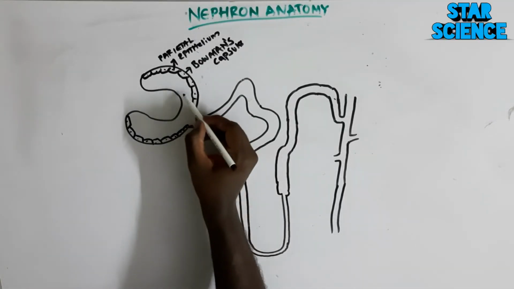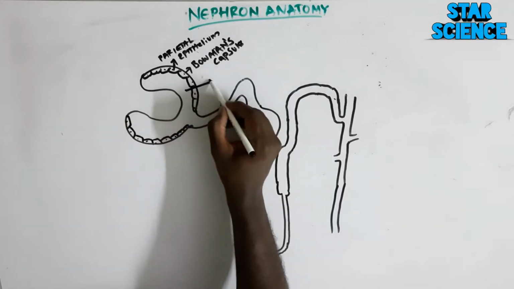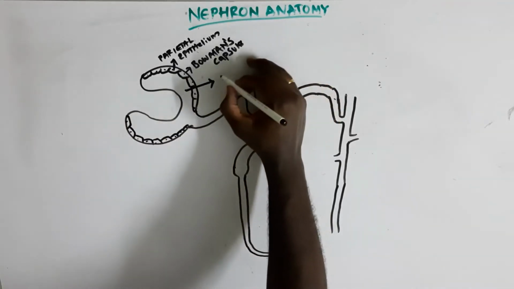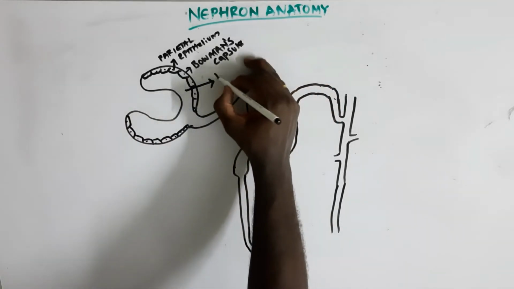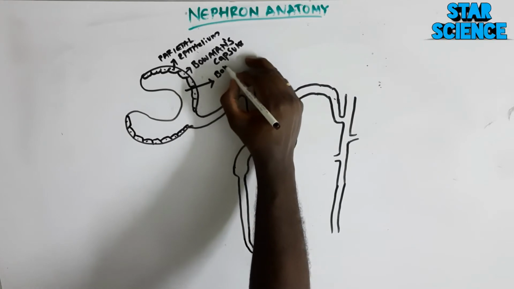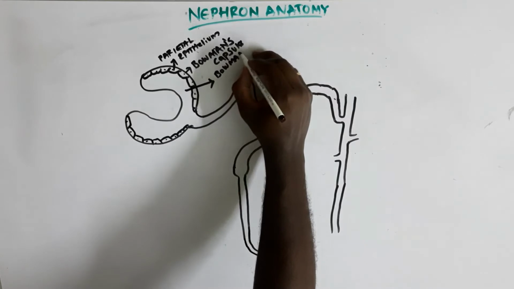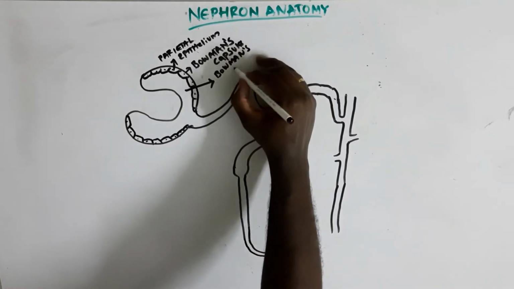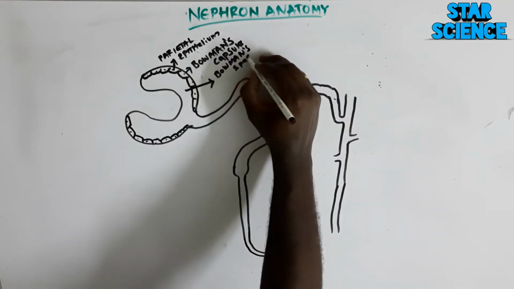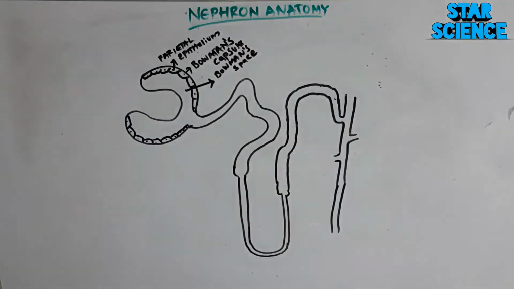And where I am giving the arrow mark, that particular place is called the Bowman's space. Of the two layers, one is the parietal epithelial layer, and the next layer we will see. In between these two layers there is a gap or space which is called Bowman's space.